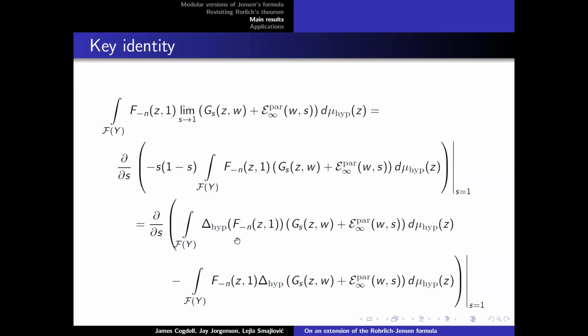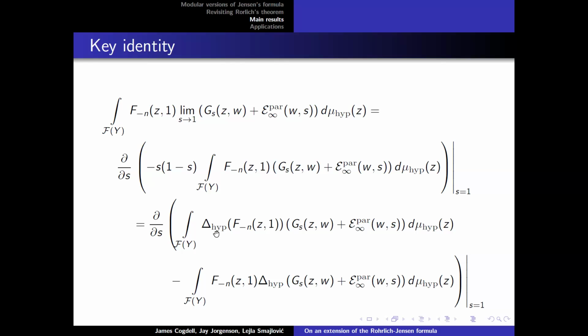Why? Because f minus n at z1 is the eigenfunction of the hyperbolic Laplacian with eigenvalue 0. So actually this third line is 0, but I put it here because this is the formula to which one can apply Green's formula.